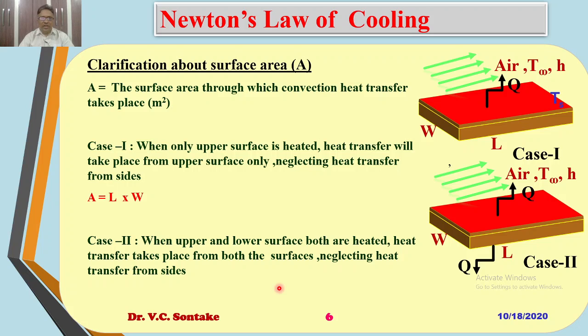Under such a condition, the surface area to calculate the heat transfer rate Q from both surfaces can be taken as twice the length into width of the plate. This way we can calculate the surface area for the heated object.